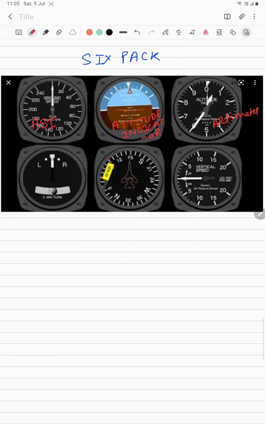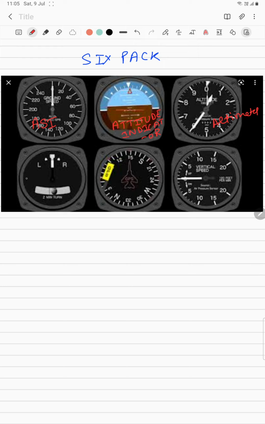Just to give you a brief idea, because we are going to talk about all the instruments in detail in the coming videos. The attitude indicator basically shows the attitude of an aircraft, whether it is nose up or nose down, or the wings are level or not level.